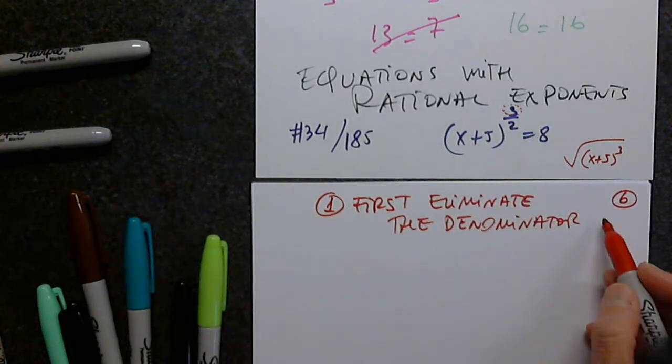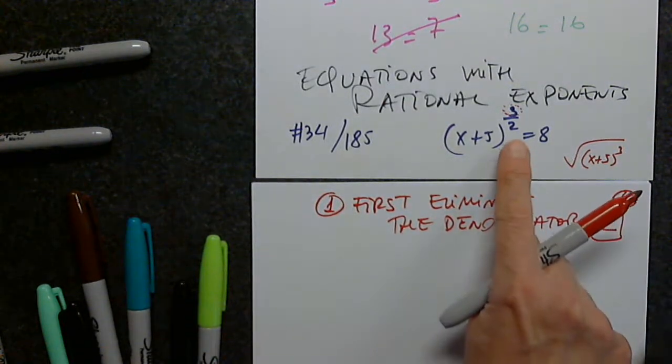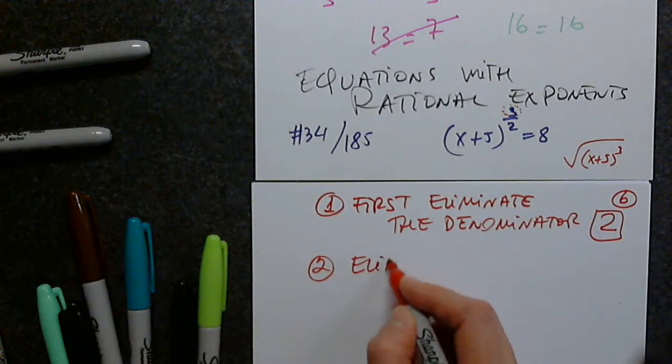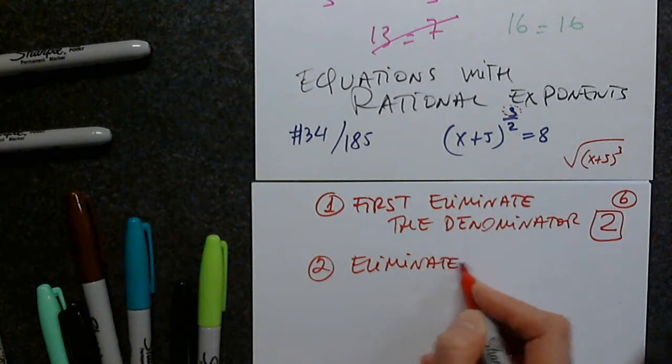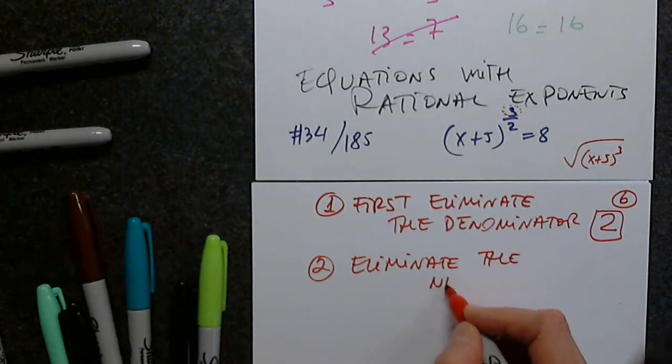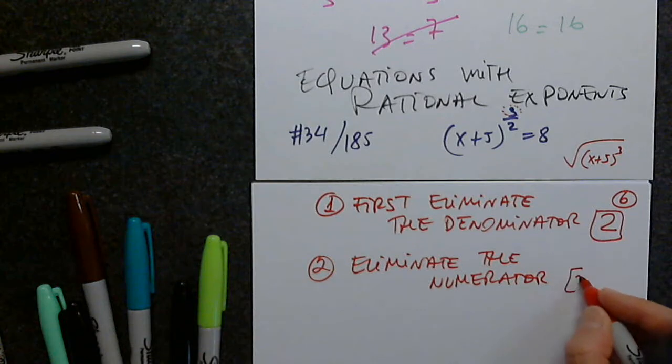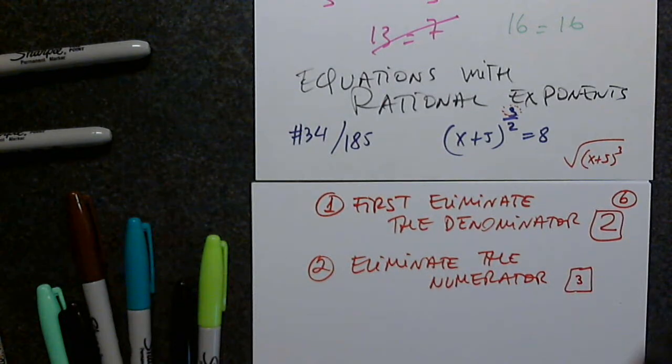First, eliminate the denominator, which in our case is 2. That's the denominator. And number 2, eliminate the numerator. In our case, this is 3. And then if you always start with the denominator, eliminate the denominator first and then the numerator, you don't have to memorize any formulas for this type of equation.